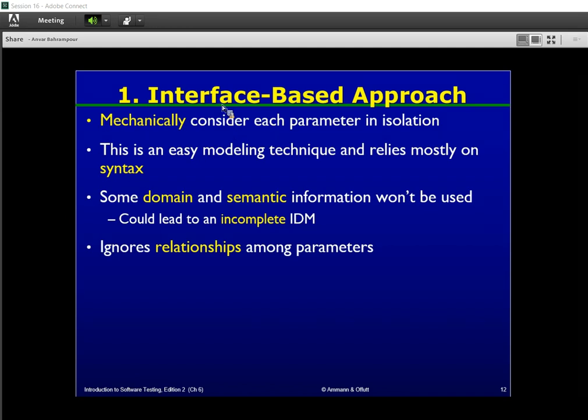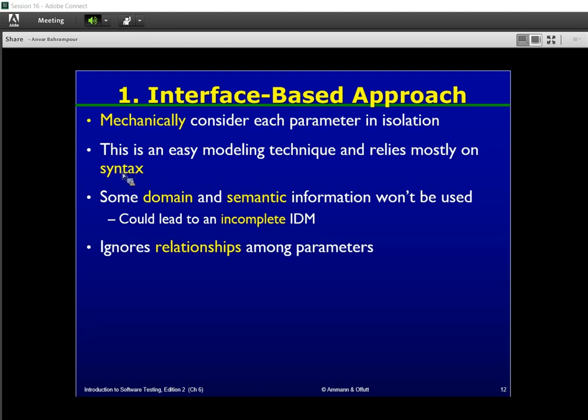In the interface-based approach, as you see in this slide, we could mechanically consider each parameter in isolation, as I said in the previous slide. This is an easy modeling technique and relies mostly on syntax.